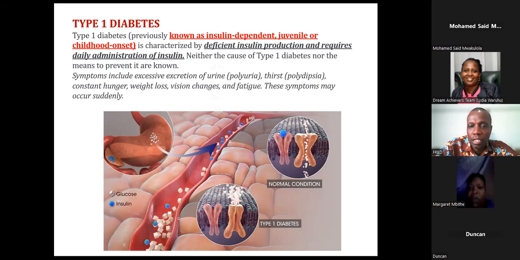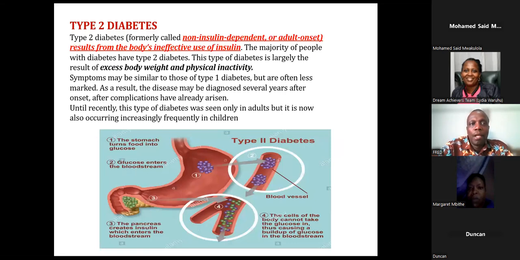Now, type 2 diabetes. This one is called non-insulin dependent or adult onset, and it results in the body's ineffective use of insulin. The majority of people with this type of diabetes get it when they are adults or when they have already left the teenage years, and it occurs because of excess body weight and physical inactivity.